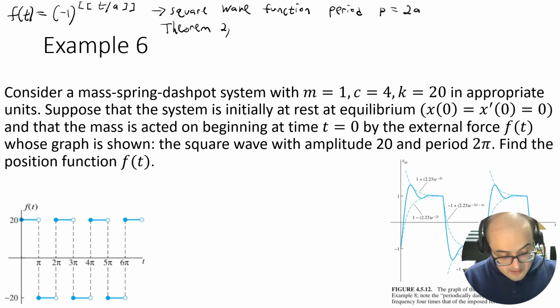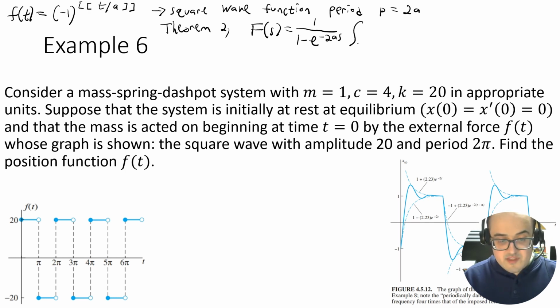the Laplace transform, which will be this capital F of s, is 1 over 1 minus e to the negative 2as times the integral from 0 to 2a of e to the negative st times f of t dt.